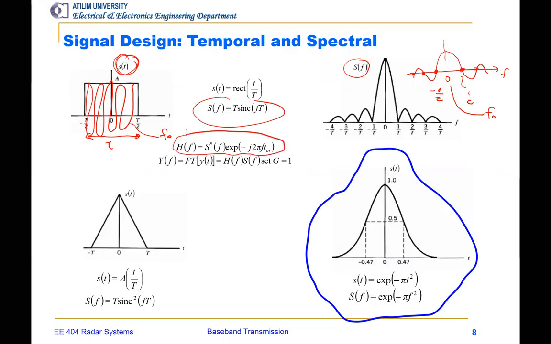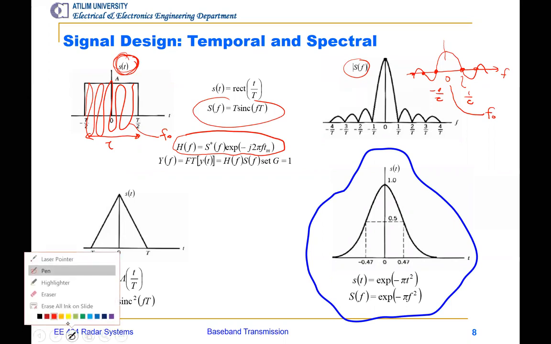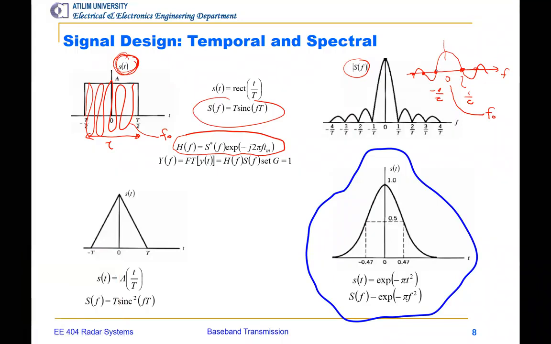Because its impulse response is given in terms of the signal. So we see that when we use a pure rectangle, we have a main lobe, as well as many side lobes. So if we get the magnitude of this, so amplitude spectrum, we'll see side lobes in here, okay?